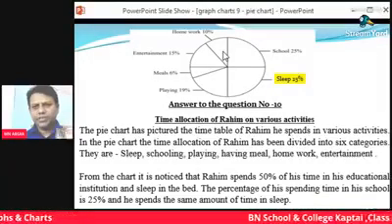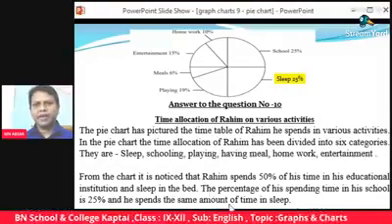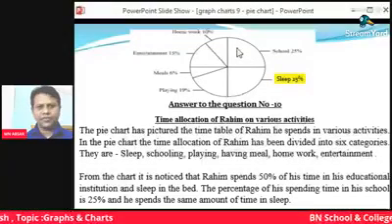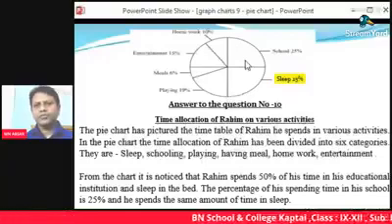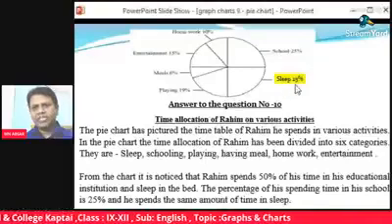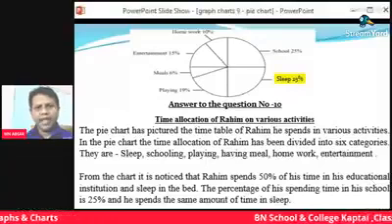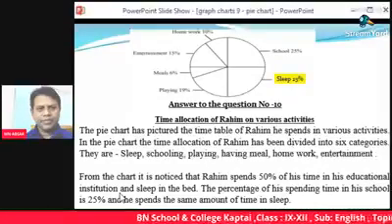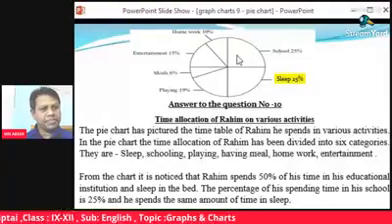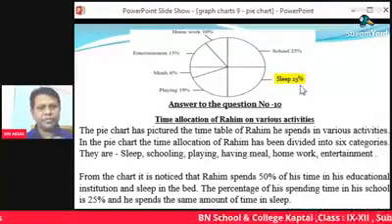From this chart, it is noticed that Rahim spends 50% of his time. How 50%? School 25% and sleep 25%. So Rahim spends 25% for sleeping and 25% for schooling.